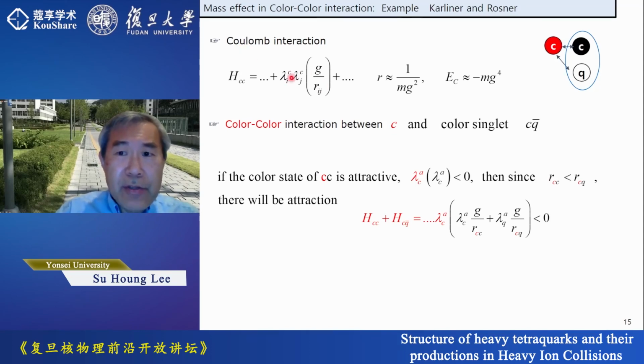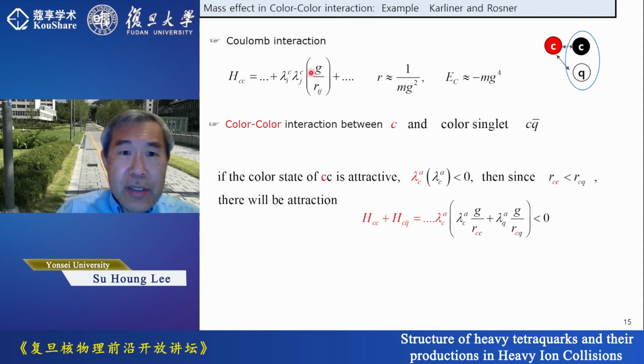Because if you have heavy quarks, then what I said about the distance between heavy quarks and light quarks, I assumed was similar. But in reality, the distances between heavy quarks and heavy or light quarks, if you put them together, are in general different.